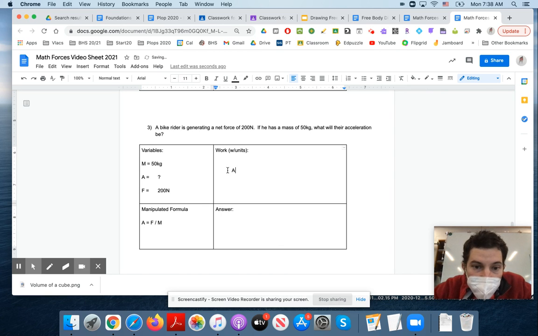So acceleration here equals 200 newtons divided by 50 kilograms, which is going to be an acceleration equals 4. And then again, it's newtons per kilogram. But as we know, when we divide that out, acceleration equals 4 kilograms meters per second per second divided by kilograms, which is going to be acceleration equals 4 meters per second per second.